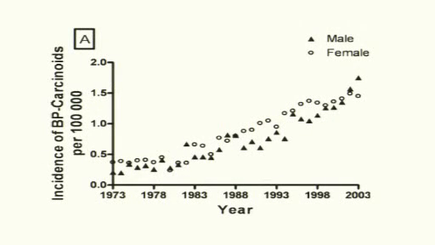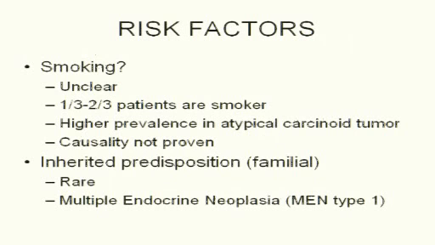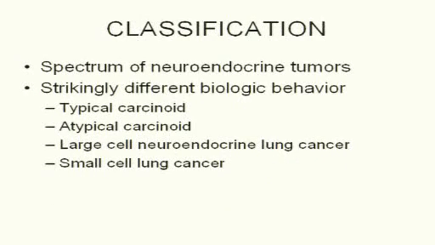The incidence is rising, but we're not sure exactly why. Maybe it's just the fact that we have better tests to detect the tumor. It's unclear if smoking is an etiologic factor, and this has been associated with the multiple endocrine neoplasia, as Dr. Granberg explained to you.